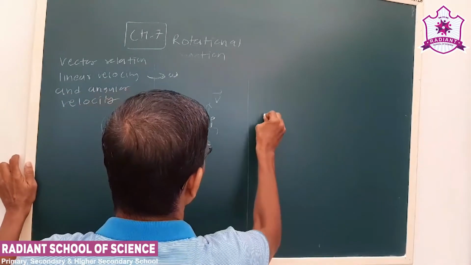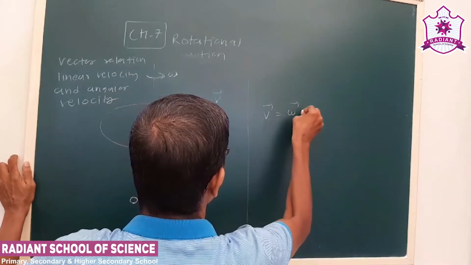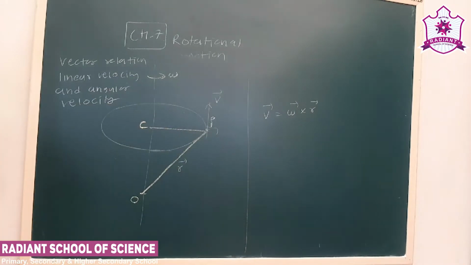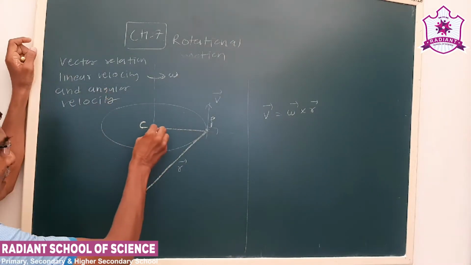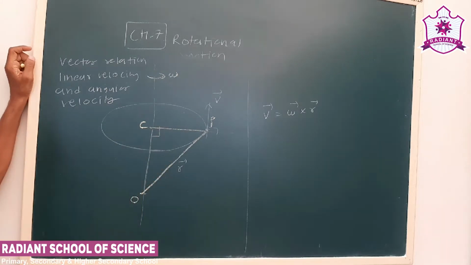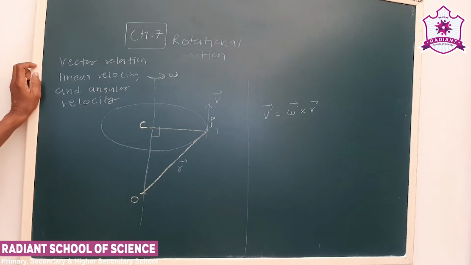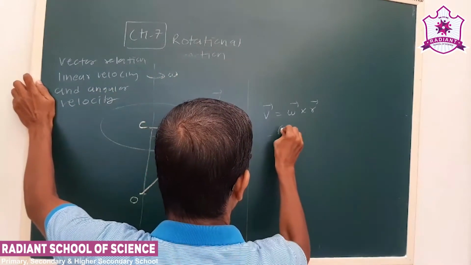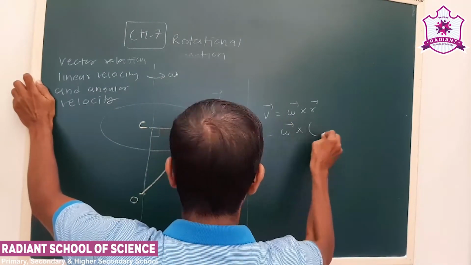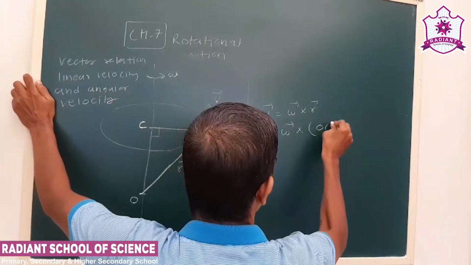See, this is r. By using the triangle law of vector addition, r is nothing but OC plus CP, so we have omega cross the sum OC plus CP.